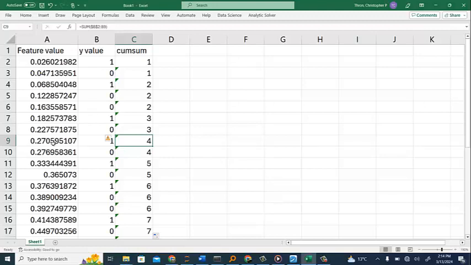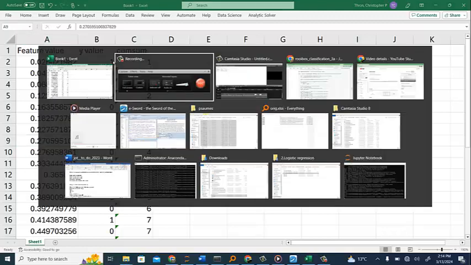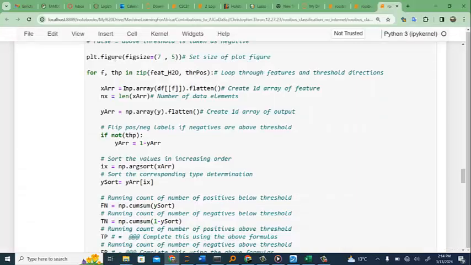So you can see it's actually using this as a threshold and saying if I'm at or below this threshold, I count it as negative. If I'm at or above this threshold, I count it as positive. So the cum sum is the number of ones below the threshold, and that's exactly what I want. That's going to be the number of false negatives. Okay? So this cum sum is giving me the number of false negatives.